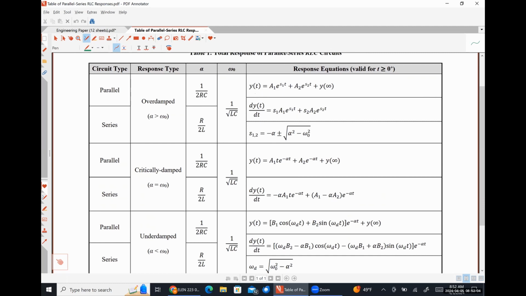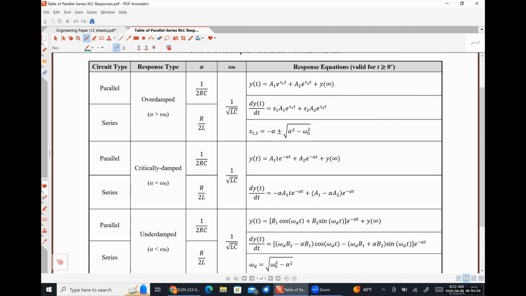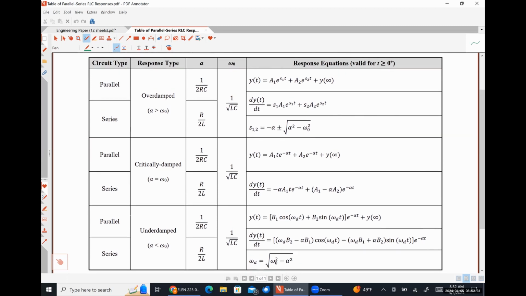I have organized this table for you guys so that we can see very easily what alpha is, what omega naught is, depending on if we have a parallel circuit or a series circuit. And then I've also organized it so that we can see what our responses are going to look like for an overdamped system, a critically damped system, and an underdamped system, okay? Now, I've provided several pieces of information here, and you'll kind of see why in a couple of moments.